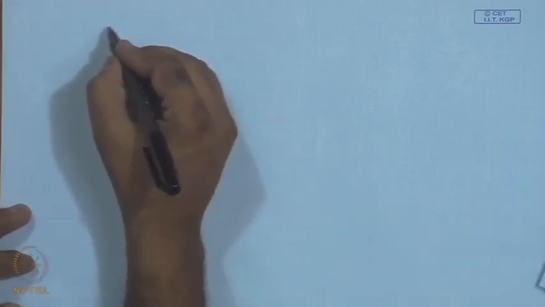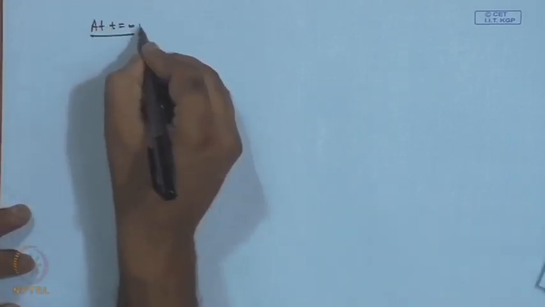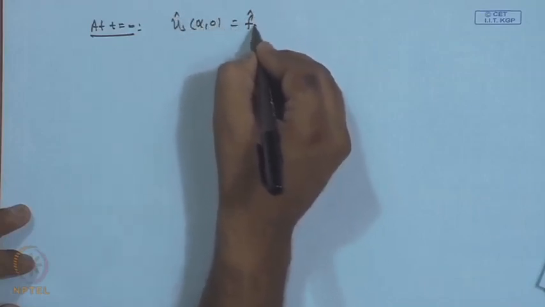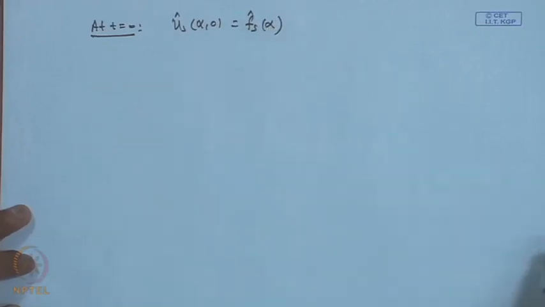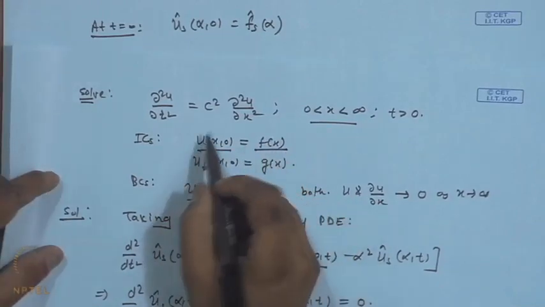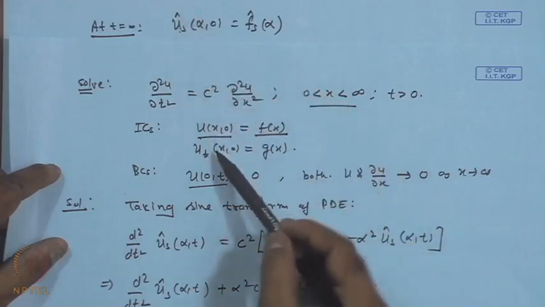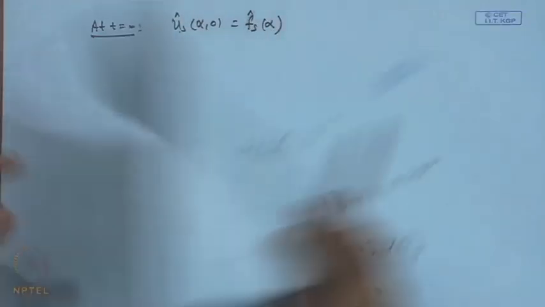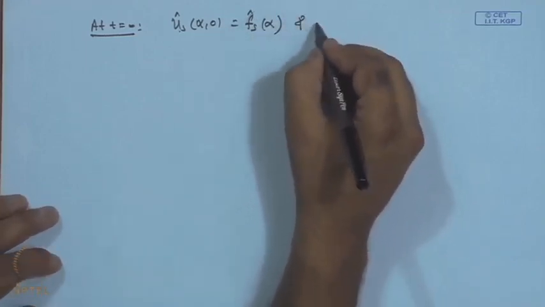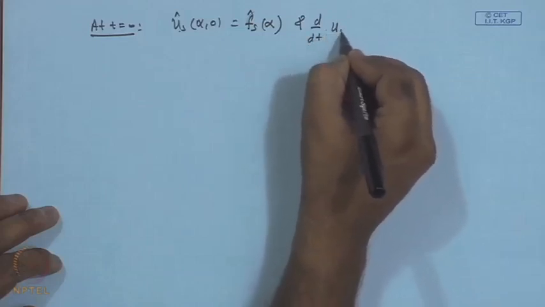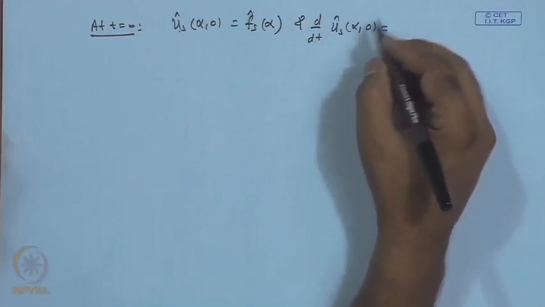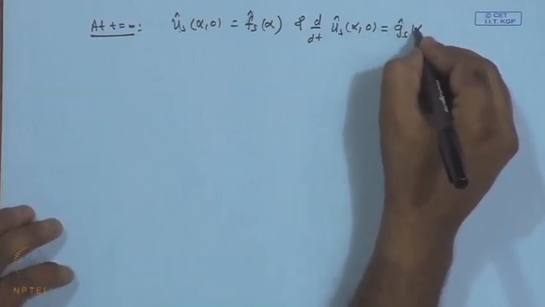At t equal to 0, the first initial condition, u(x,0) is equal to f(x), so we take the Fourier sine transform and get u_s hat(alpha, 0) equal to f_s hat(alpha). And from the second one we have the derivative, d over dt of u_s hat(alpha, 0) is g_s hat(alpha).